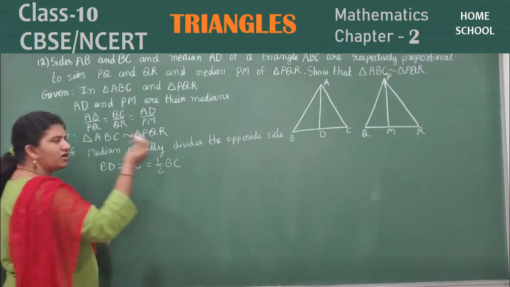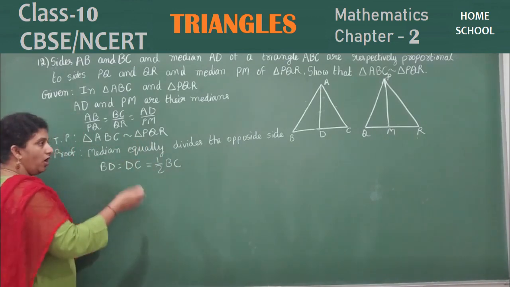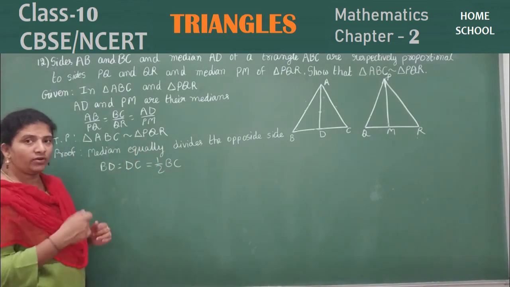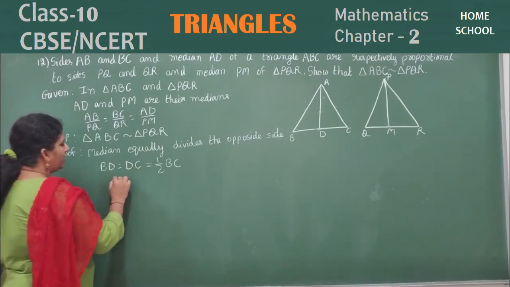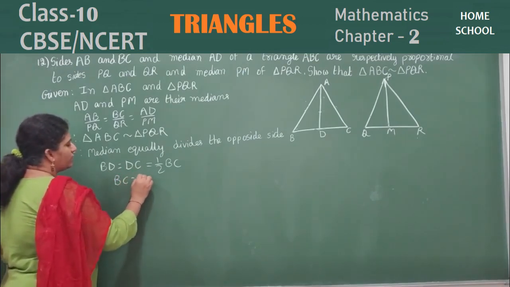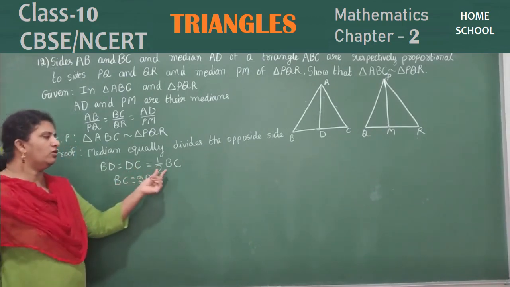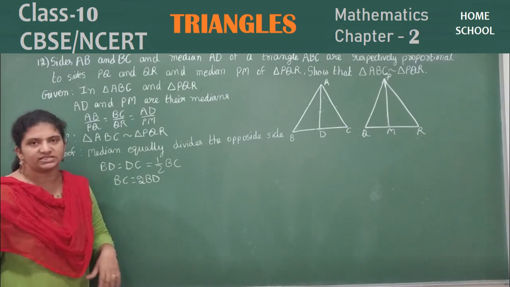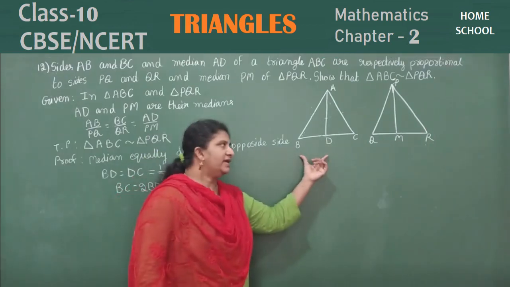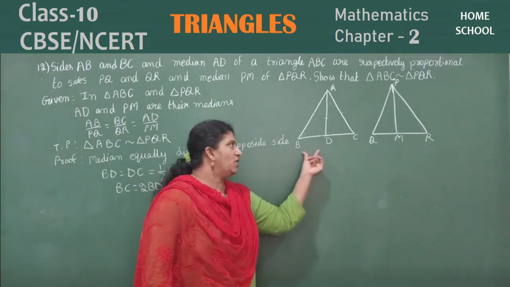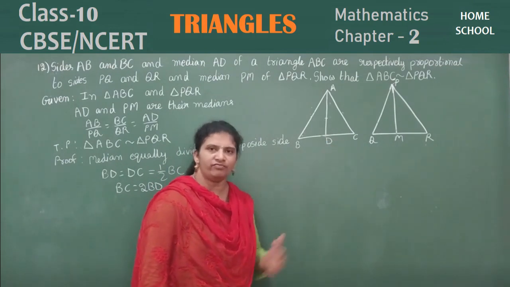Or DC is equal to half of BC, I can write. Or in another way, how can I write this? I can write BC is equal to 2BD, or BC is equal to 2DC also. BD is equal to DC, or any one part is half of BC.